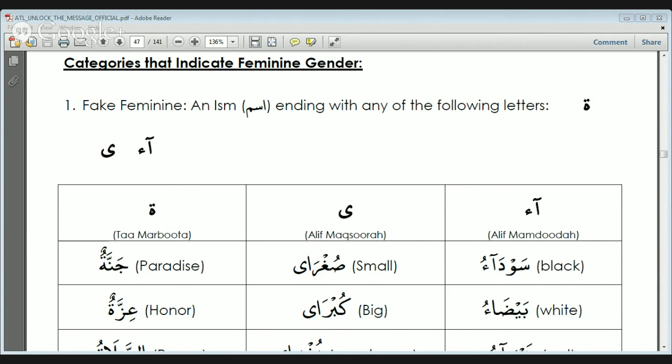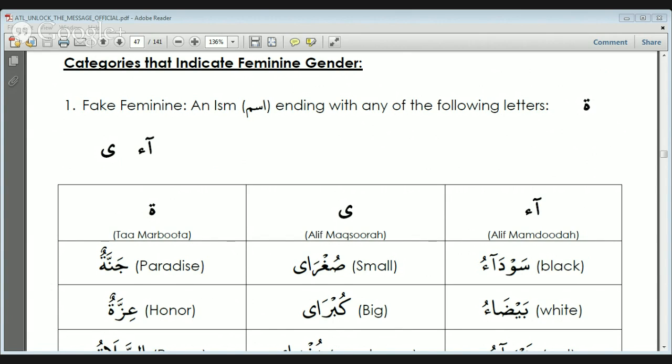Here's another one. Ajuzun refers to an old woman. Is there any sign of it being feminine just by looking at the word? There is not.